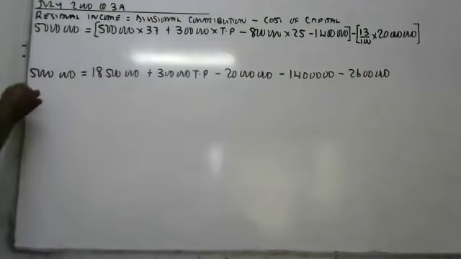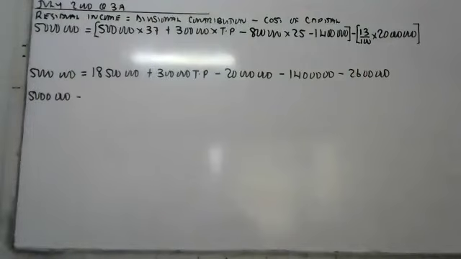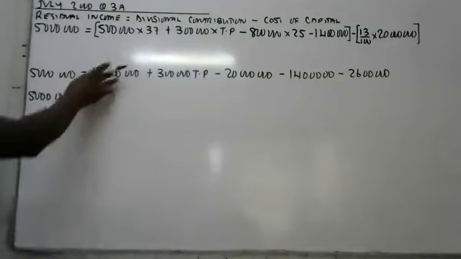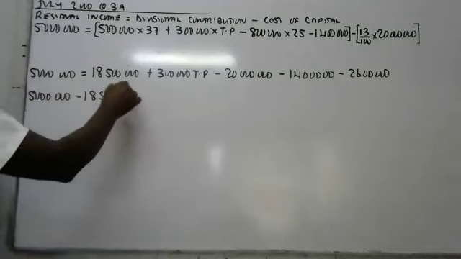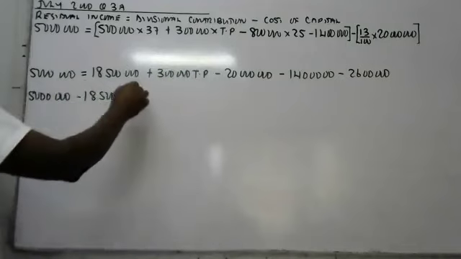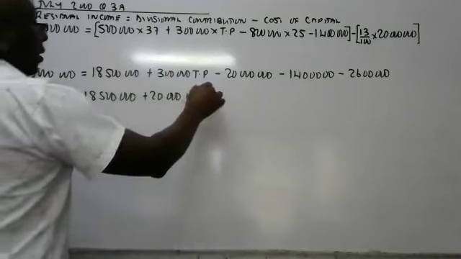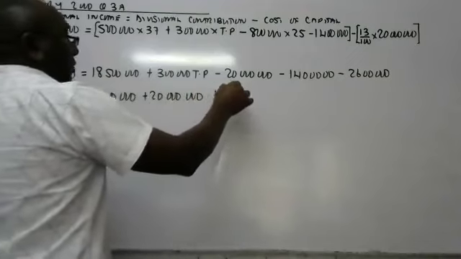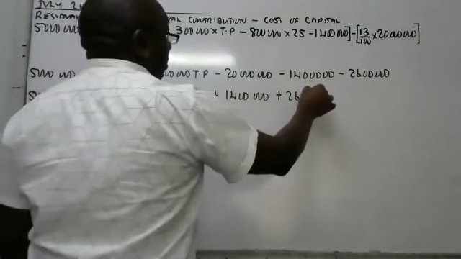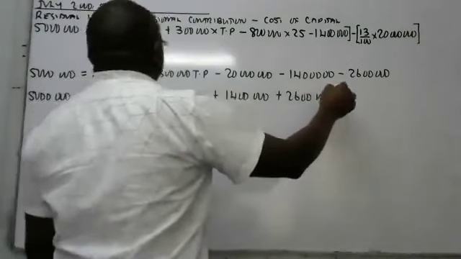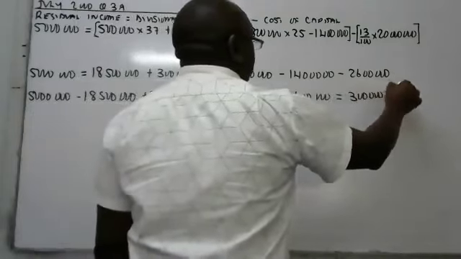So these things become very simple like this. So you put the right terms together. So this one, crossing to this side, becomes minus 18,500. This one, crossing there, becomes plus. This one becomes plus. Even this one is plus. So on this side we are left with 300,000 transfer price.